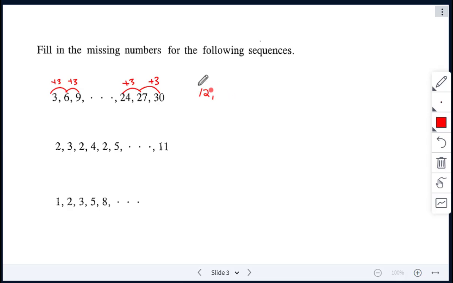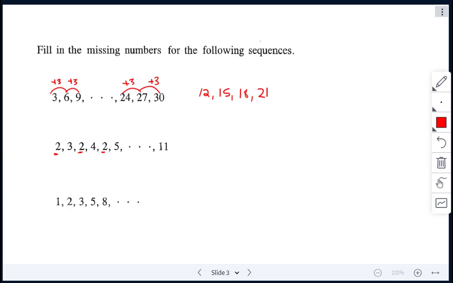Then 12 plus 3 gives 15. Then 15 plus 3 gives 18. Then 18 plus 3 gives 21. So those are the missing numbers in that pattern.